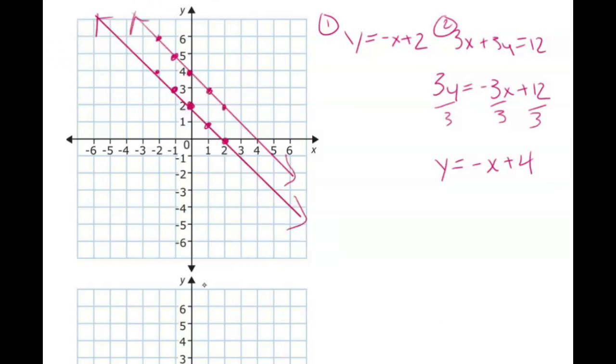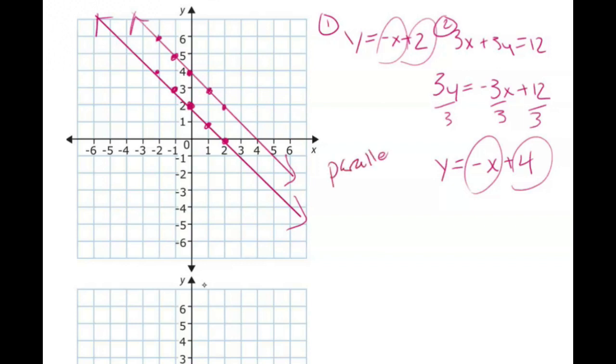Okay, and what we observe here, we kind of touched on at the end of our chapter 6. We've got two lines that have the same slope, that also have different y-intercepts, that makes them parallel lines. And what do we know about parallel lines? They never cross, right?